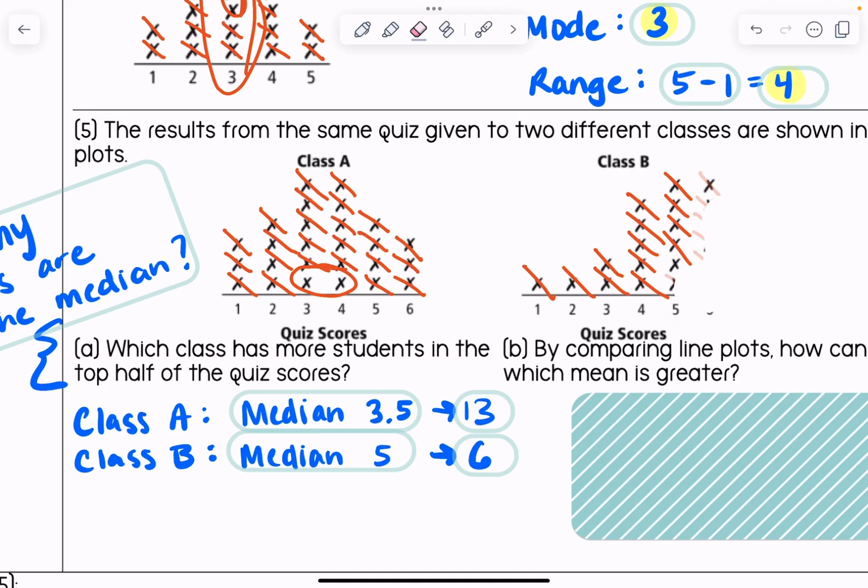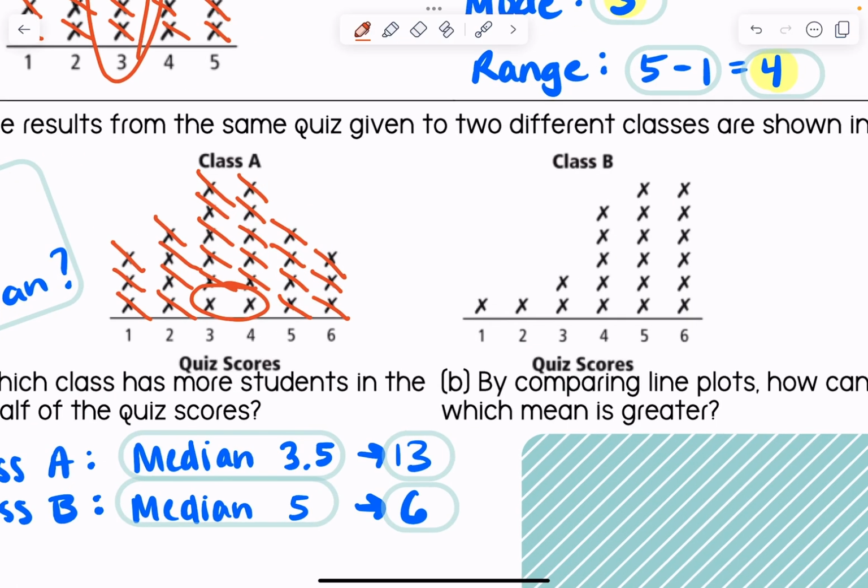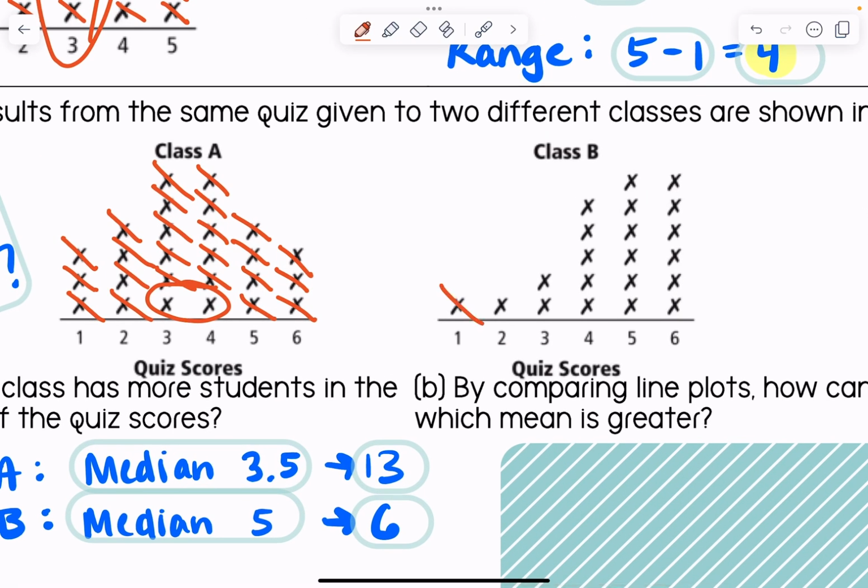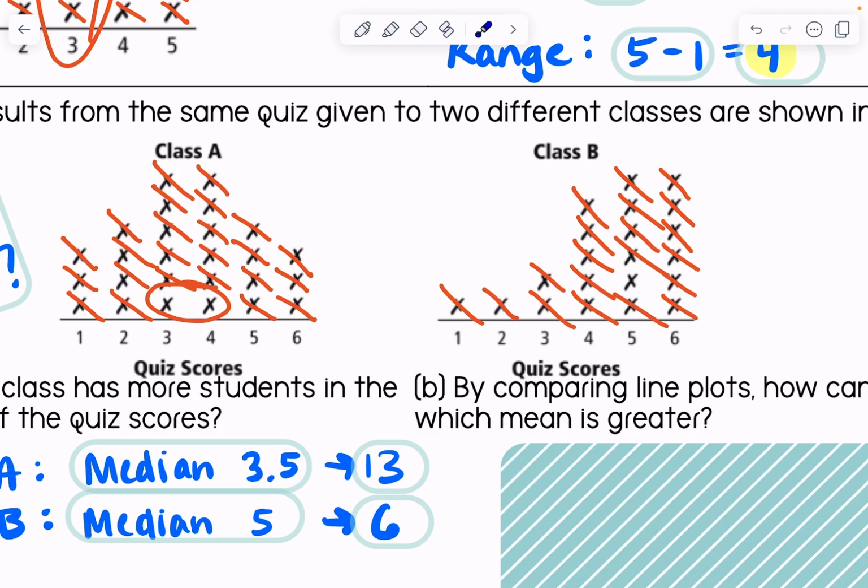Oh, shoot. Well, let me see if I messed up on this. Okay, so that's 1, 2, 3, 4, 5, 6, 7.